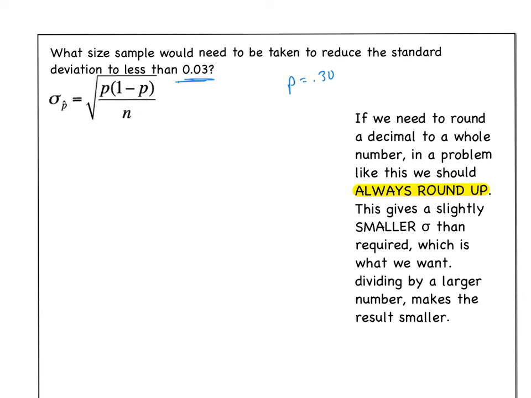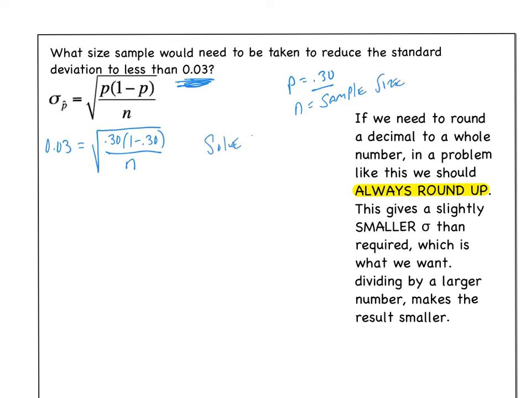So if I plug in this standard deviation into the equation and I plug in 0.30 for p, I can then solve for n, because remember n is the sample size. So we're going to solve for n.